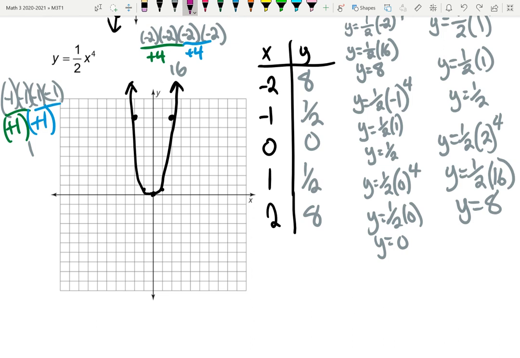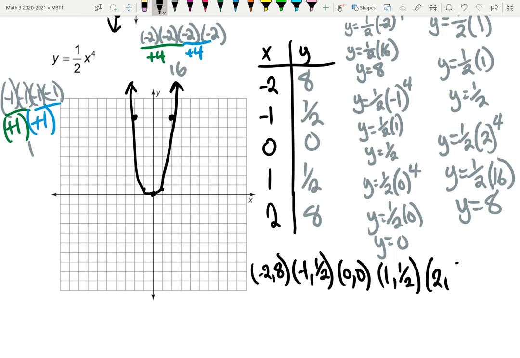When I write my inverse out, well, -2 comma 8, -1 comma 1/2, 0 comma 0, 1 and 1/2, and 2 and 8. Let's flip. Switch my x's for my y's.